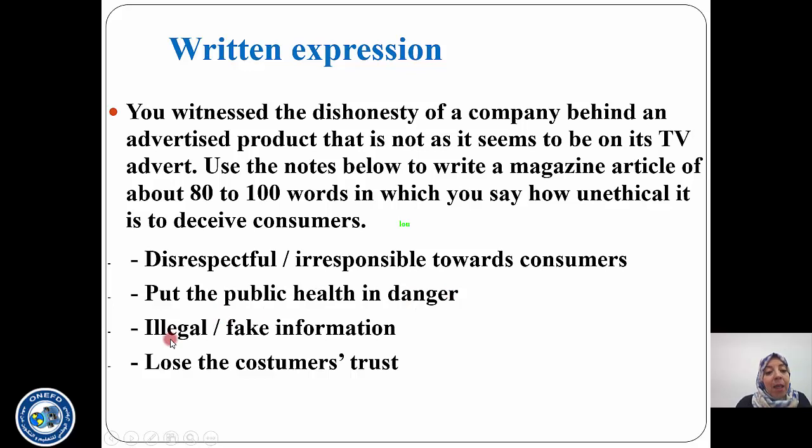You can also say that it is not only unethical but also illegal to give fake information to people. Okay, so the last one could be used in the conclusion, saying that unethical advertising is not only bad for the customers, but it can be negative for the company itself, because they will lose their customers' trust and respect.